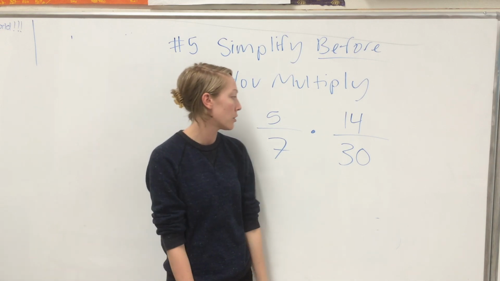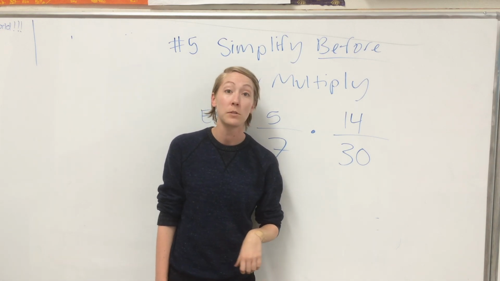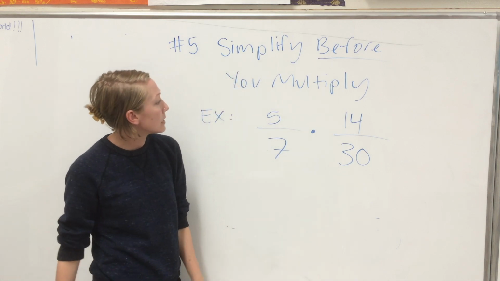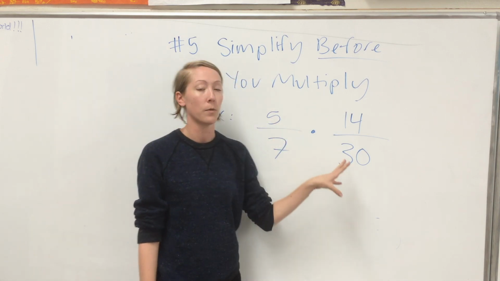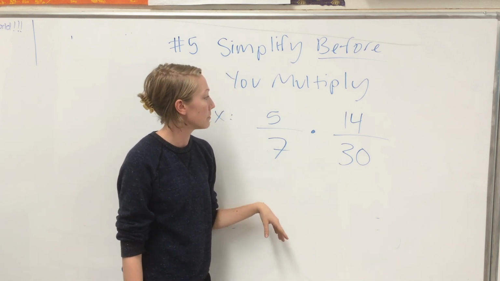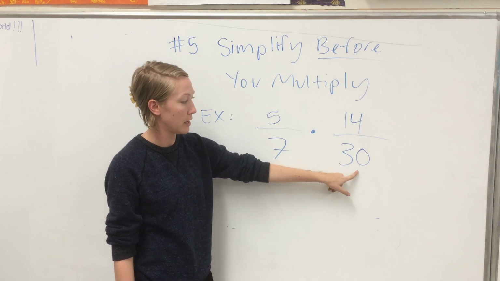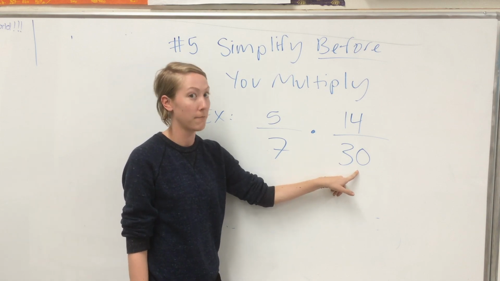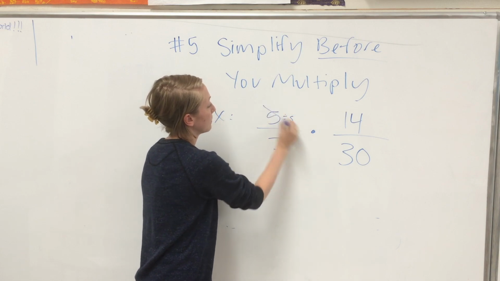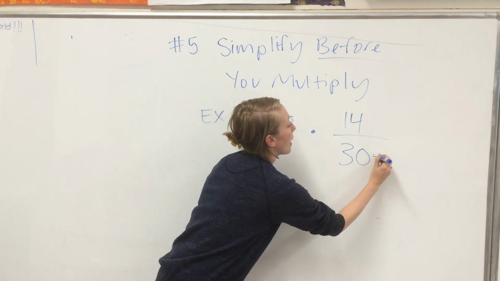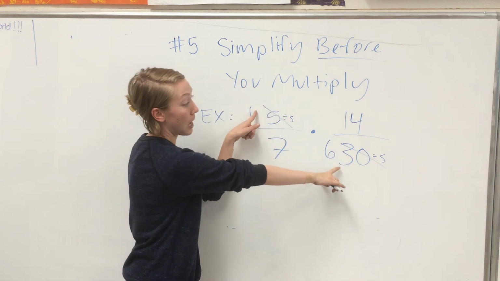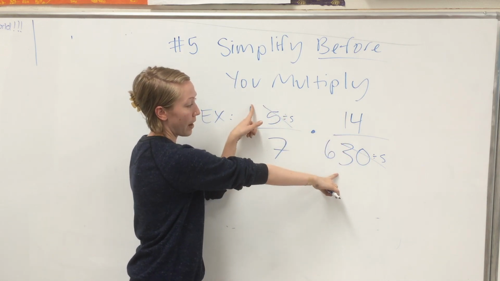But maybe you're looking at this and you're like, well, I'm not exactly sure what 7 times 30 is off the top of my head, which is okay, because what we can do is simplify these before we go ahead and multiply them. So 5 and 30 can both be divisible by 5, so let's go ahead and do that. 5 divided by 5 will give us 1. 30 divided by 5 will give us 6. Notice that we're reducing across top and bottom of the second fraction.